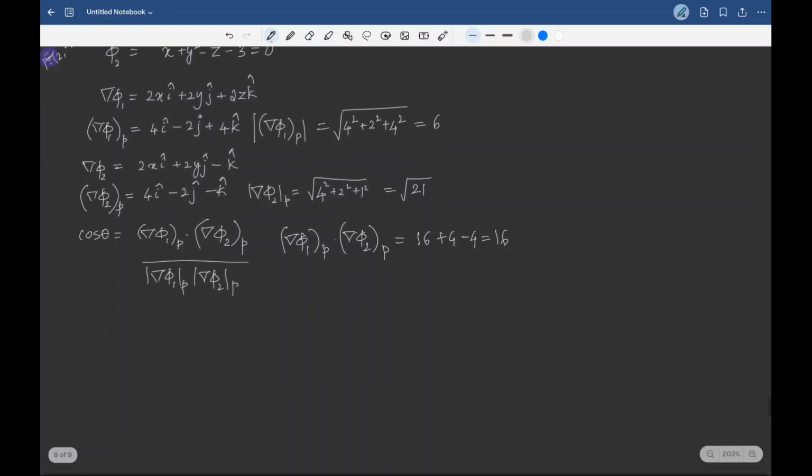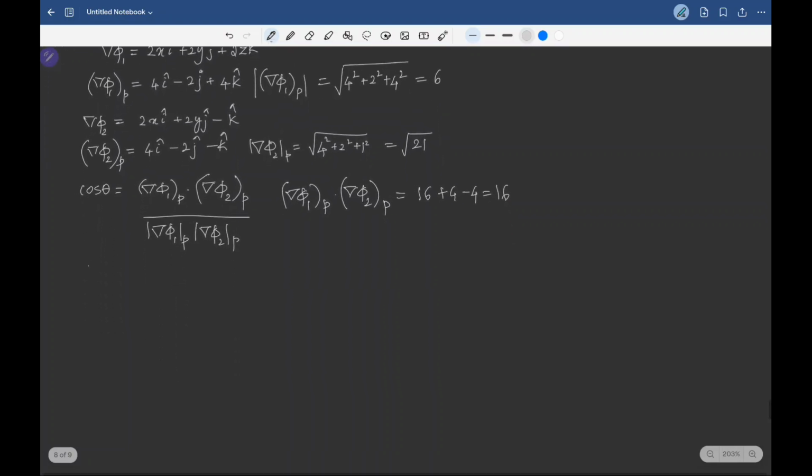So cos theta is equal to 16 divided by 6 root 21. When we cancel, 2 8s are 16, 2 3s are 6, so cos theta is equal to 8 by 3 root 21.